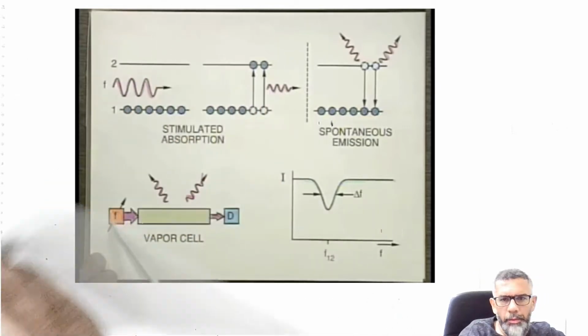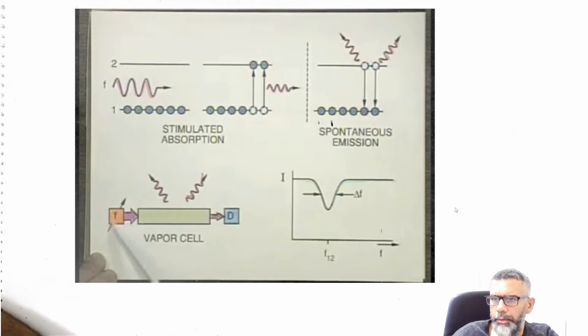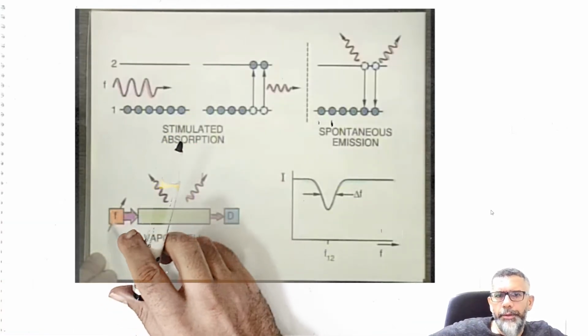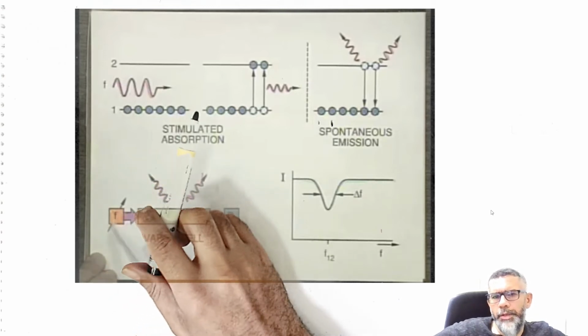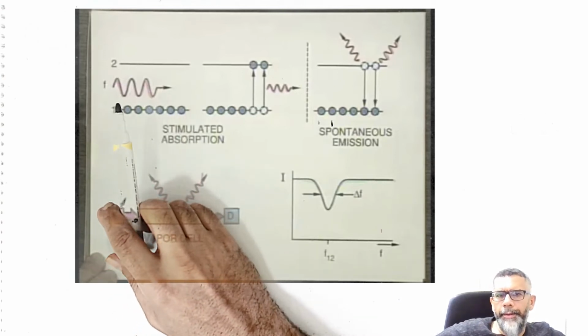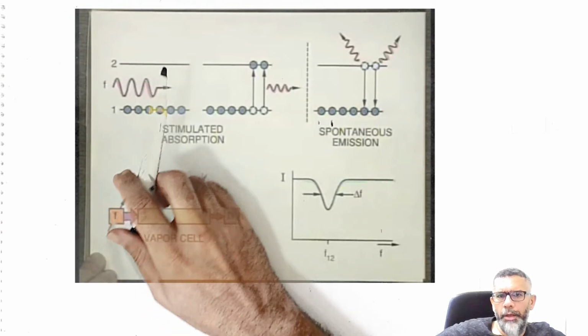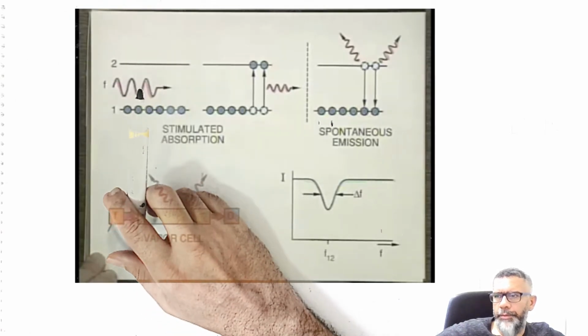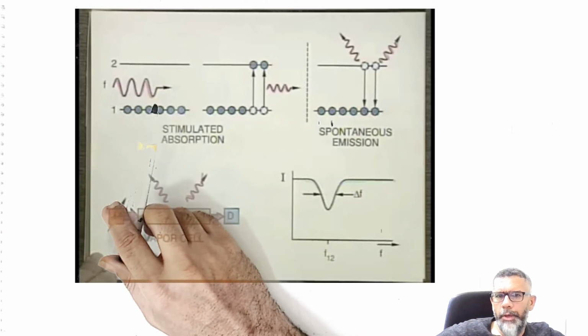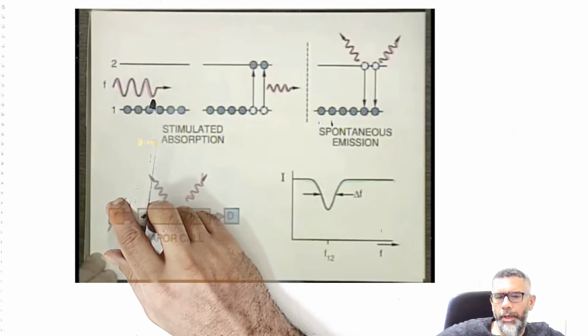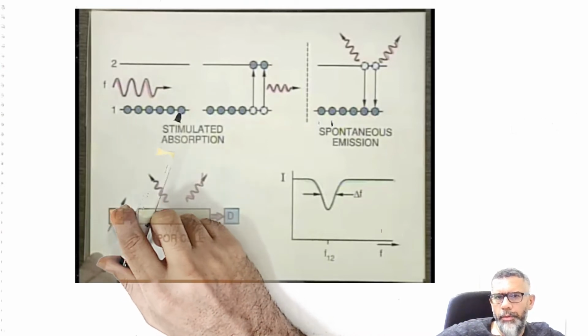What you see over here, in the first picture, we call the stimulated absorption, if the frequency of the incoming light is equal to the difference between these energy levels of the atoms. You see there is some incoming light, some amplitude coming, and there are many atoms.